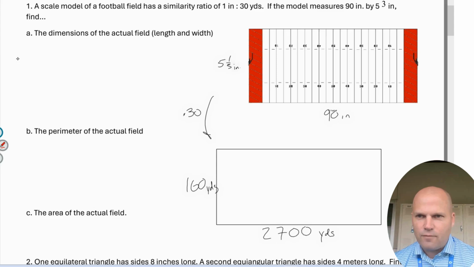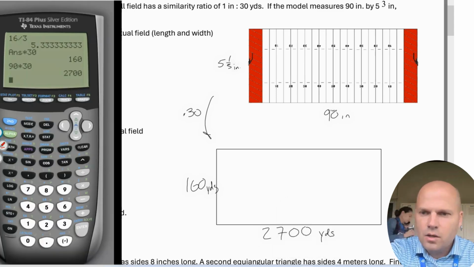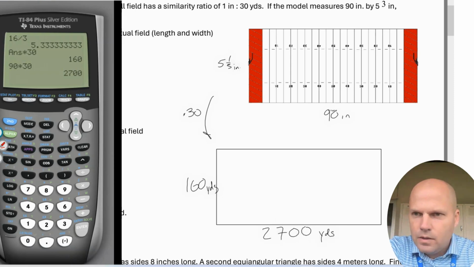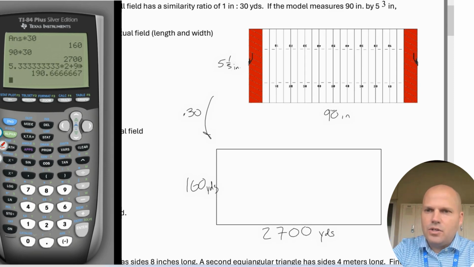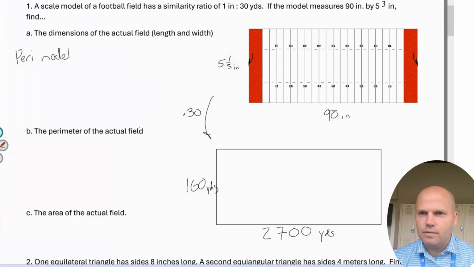So let's go and find the perimeter of the model by taking 2 of my 16 thirds. Doubling that, then adding 2 of my 90s. And you get that the perimeter of your model is 190.667.